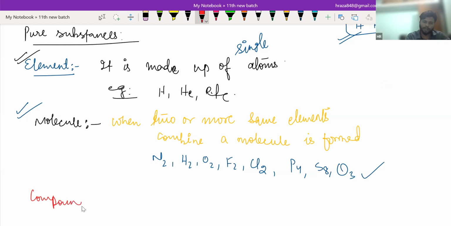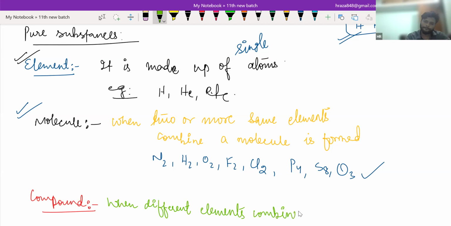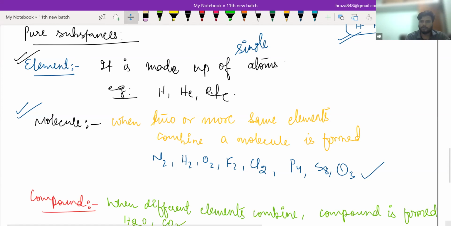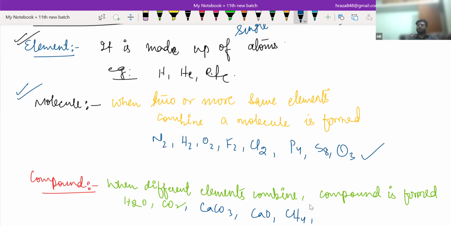So what is a compound? When different elements combine, a compound is formed. You can see H2O, CO2. You have seen molecules like H2O and CO2 in class 10th. Also CaCO3, calcium carbonate, calcium oxide, CH4. These are all compounds. When different elements combine, a compound is formed.